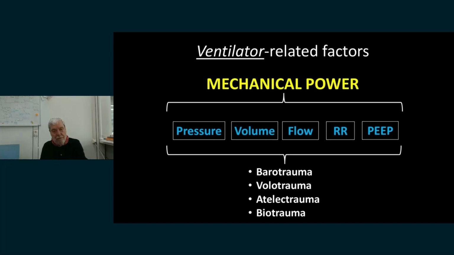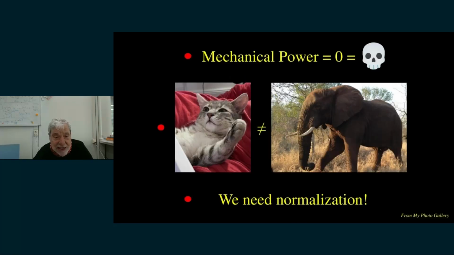And just to complete everything, you have pressures we don't measure, but we can measure also in spontaneous breathing. Volume, with experience we can measure. Respiratory rate, we can measure. PEEP. All this together represents the amount of energy.